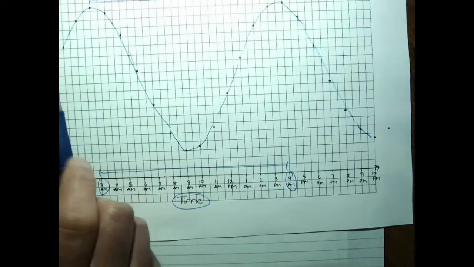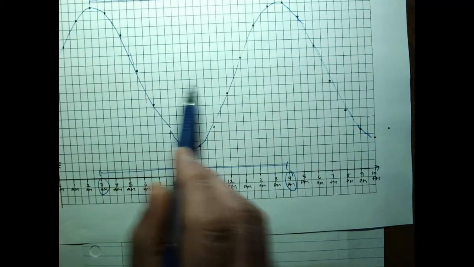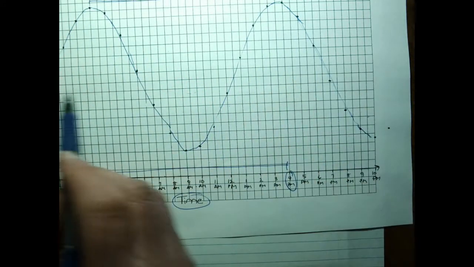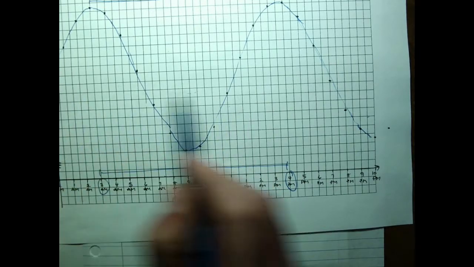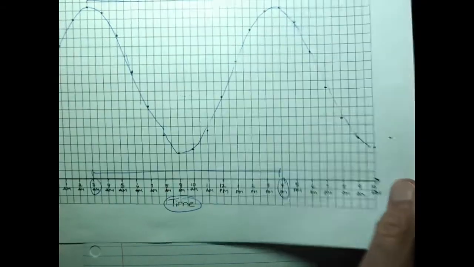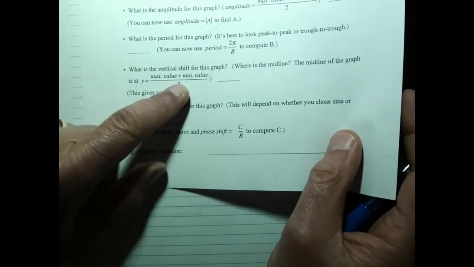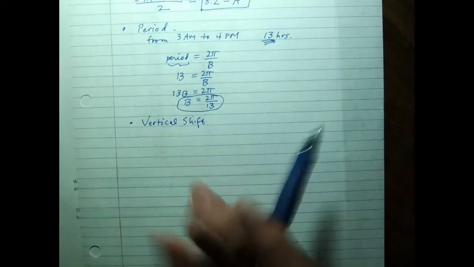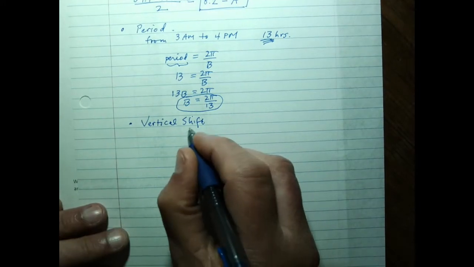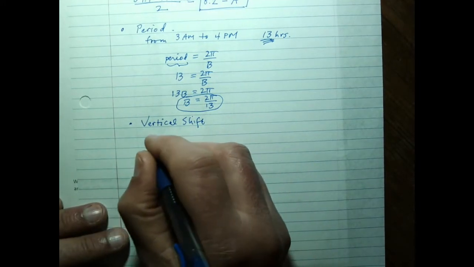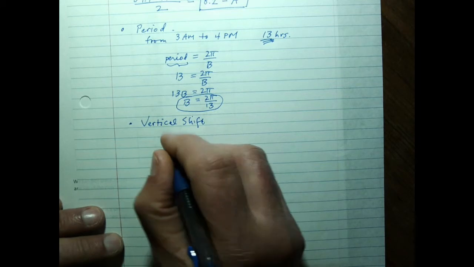Upward. And here it's really difficult for me, just from the way this data is laid out, to just eyeball that midline. So I am going to rely on that formula from our other handout, where we took the average of the max value and the min value to get the y-coordinate of the midline.